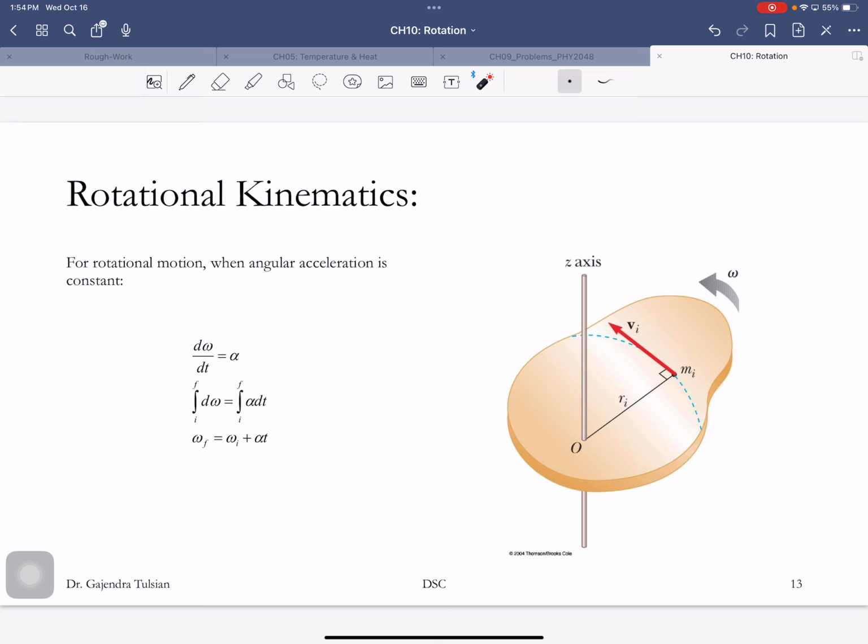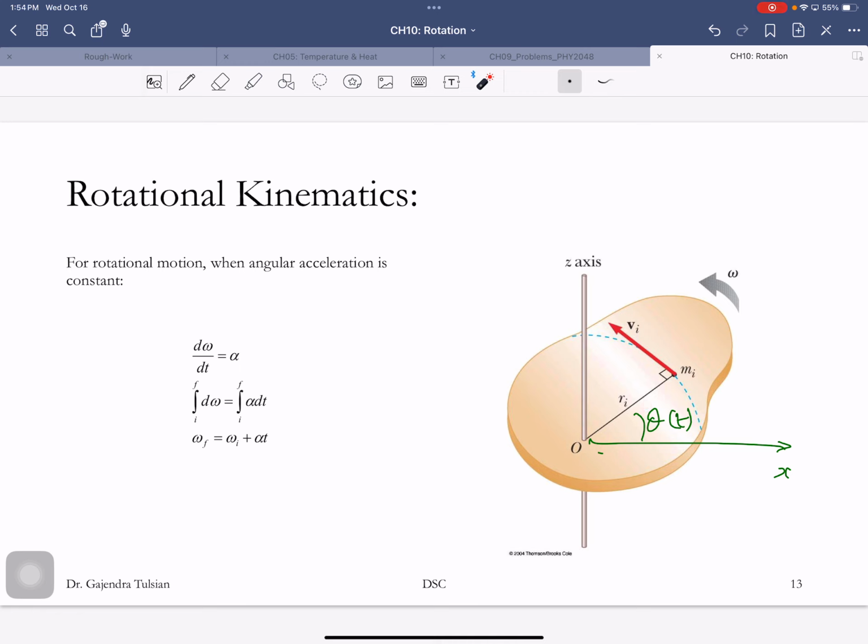Okay, now we'll give you the kinematic equations. So here's an object, and let's say we are measuring its angular position with reference to some axis. This object is rotating, and we'll study this motion. We'll give you equations when the acceleration is constant.